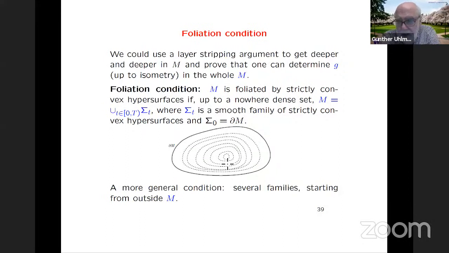But otherwise, you can continue as long as the foliation condition is satisfied. But you have to prove it. It's not automatic that you can keep going. Because this could have a limit point before you get to the center, right? The paper is 90 pages long, not for no reason.